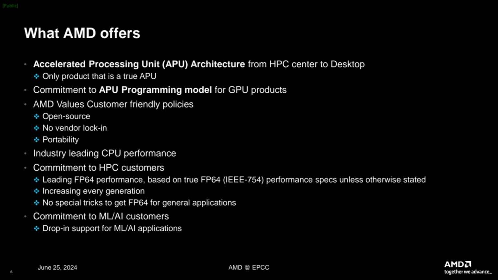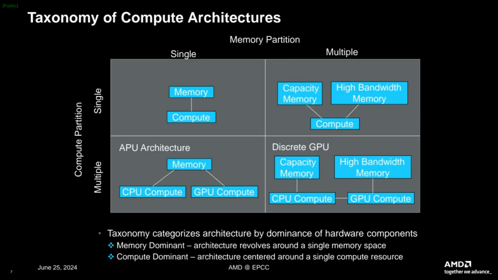So that's an overview of what we bring to the table for AMD products. And I'm going to first define an APU. APU stands for Accelerated Processing Unit.